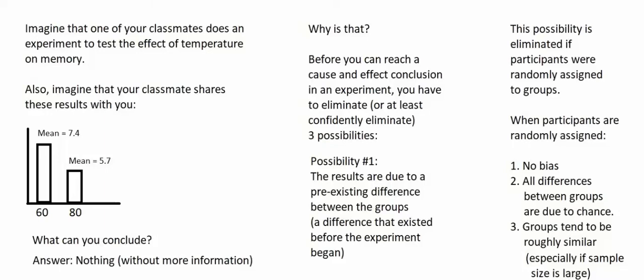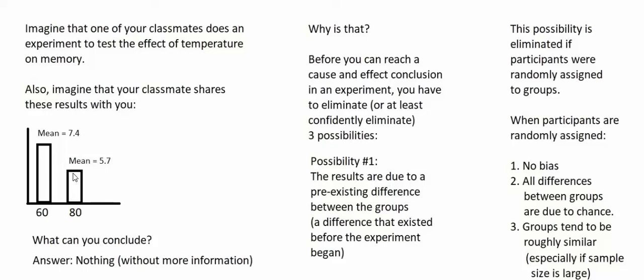If I'm doing this experiment over here, and the cold group is a group of fifth grade students, and the hot group is a group of college students, I can't fairly compare those two groups to reach a conclusion about the effect of temperature because the college students are almost guaranteed to outperform the fifth grade students, and that's likely to happen regardless of which group is in the hot room and which group is in the cold room. So the two groups simply can't be compared fairly.